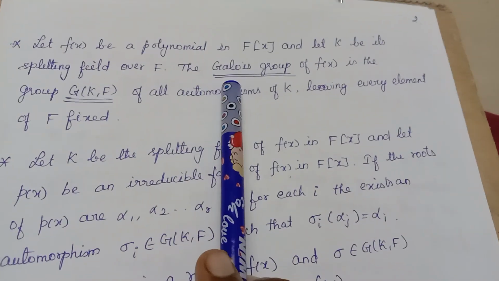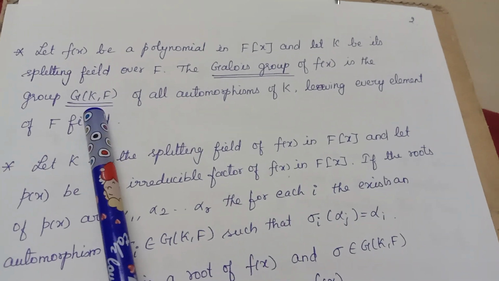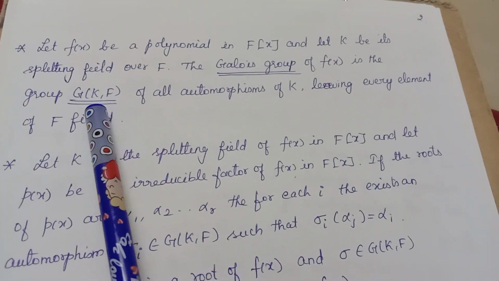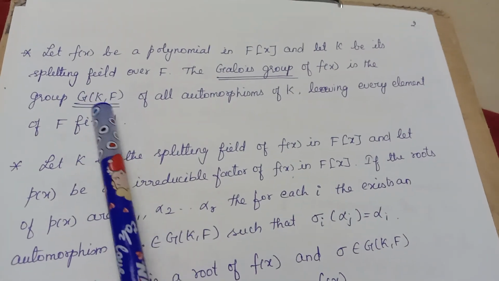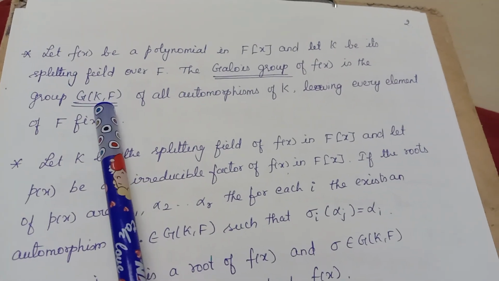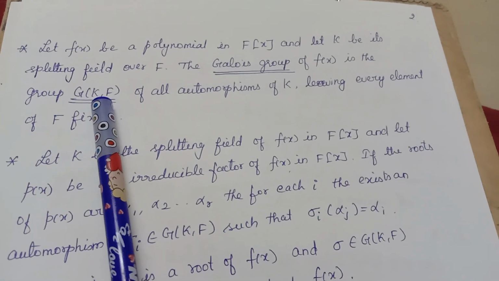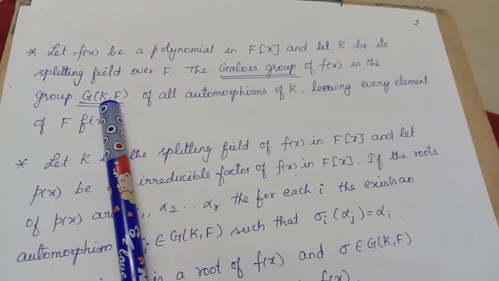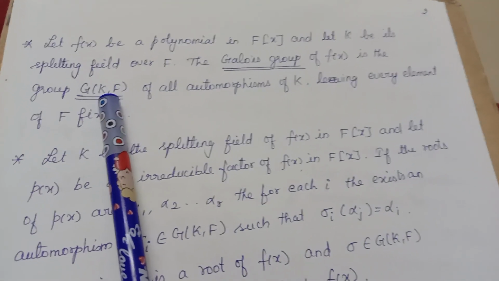Okay, so the Galois group is nothing but the group of automorphisms of the splitting field which leave every element of F fixed. So this is called the Galois group for the given polynomial, right? We define it for a polynomial, and what does the Galois group contain? What are the elements of a Galois group? They are all automorphisms.